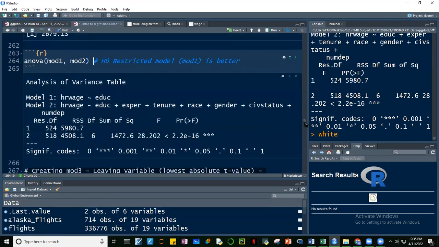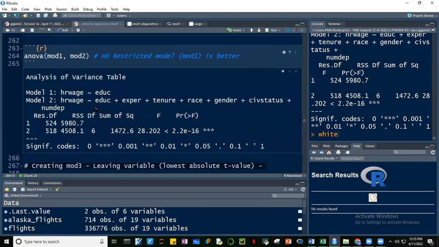Alright, ito. Tignan nyo, guys. So Model 1 is the restricted model. Model 2 is the complete model. So what's our inference? The F stat is 28.202. So, ano ba ang ginagamit ng F statistics? Ano yung p-value niya? Significant. Therefore, anong conclusion natin?